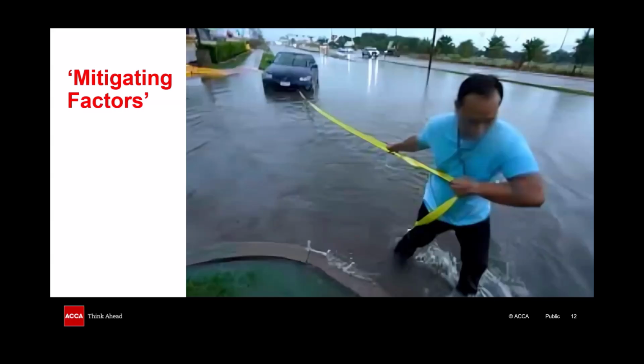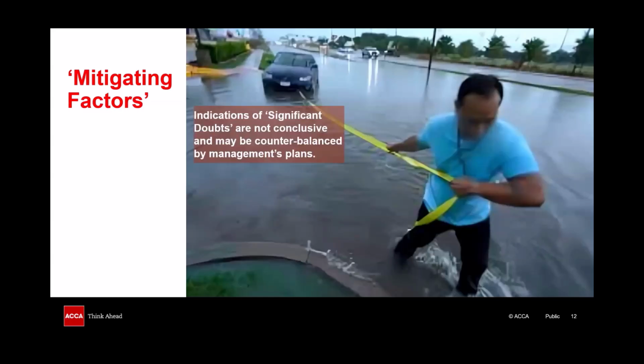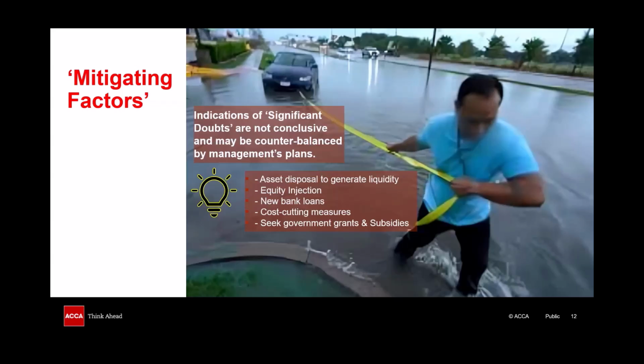For example, in a liquidity crunch, asset disposal to generate liquidity, equity injection, new bank loans, cost-cutting measures, or even seeking government grants and subsidies may perfectly counter the risk identified in the earlier slides. In case the mitigating factors satisfactorily resolve the auditor's observations, then there should be no implications for the audit report.